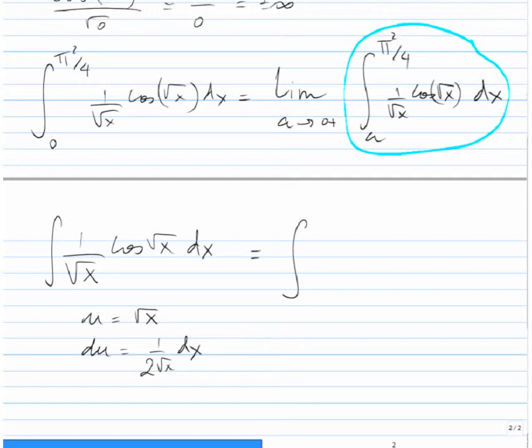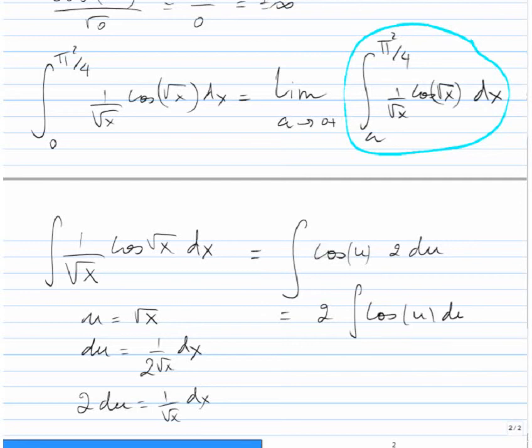Therefore, this is just the integral of cosine of u times 2 du, because 1 over square root of x dx is equal to 2 du. And therefore, this is equal to 2 times the antiderivative of cosine of u du, and that is 2 sine of u plus c. And if we go back to x, we will find 2 sine of square root of x plus c.